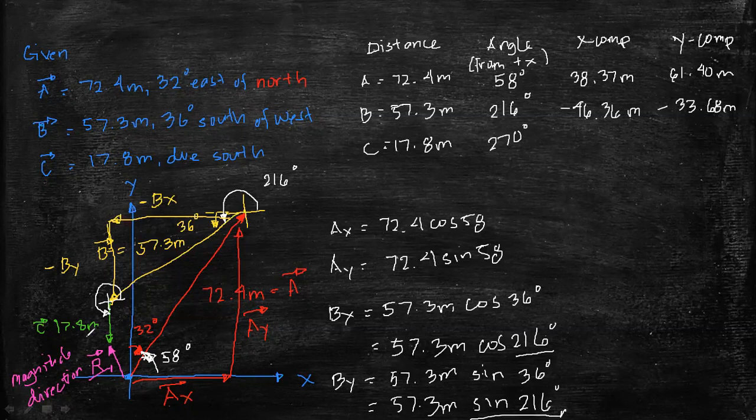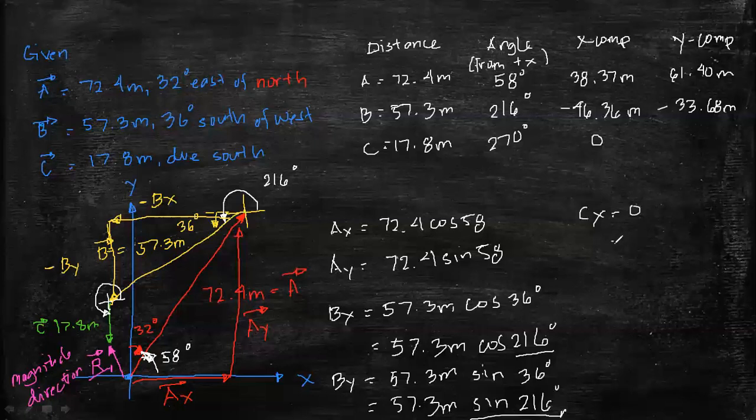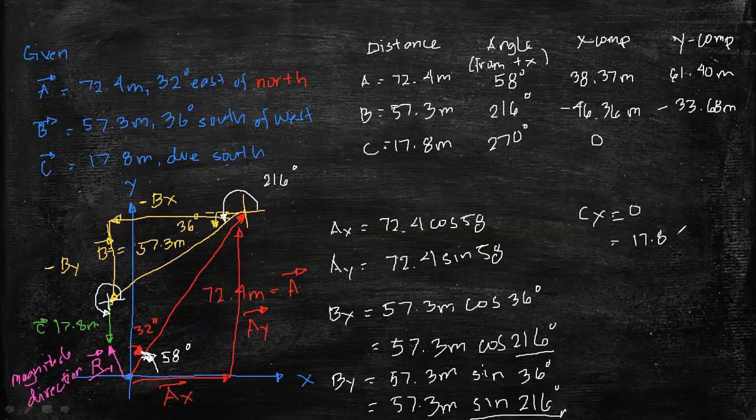Now, for Cy and Cx, as you can see in the illustration, vector C is directed south, meaning we have no value of x component. We can check this one using 17.8 meter times cosine 270 degrees, which also will give us a result of 0.